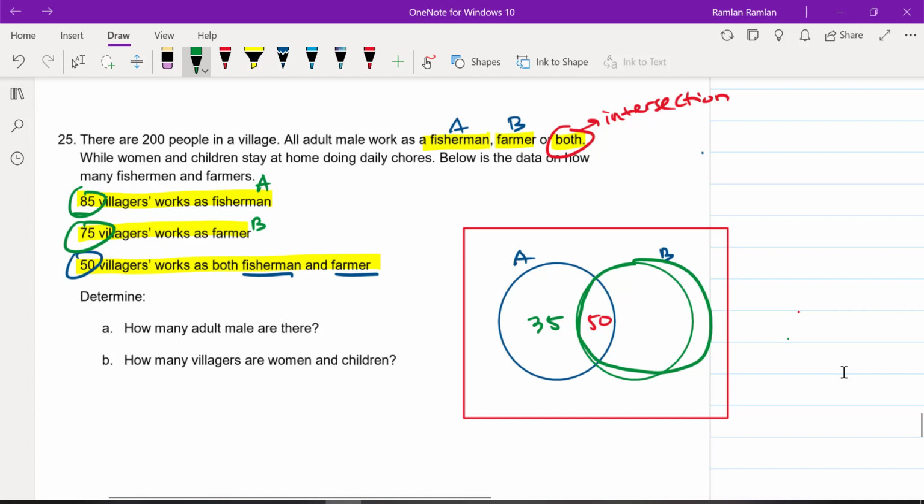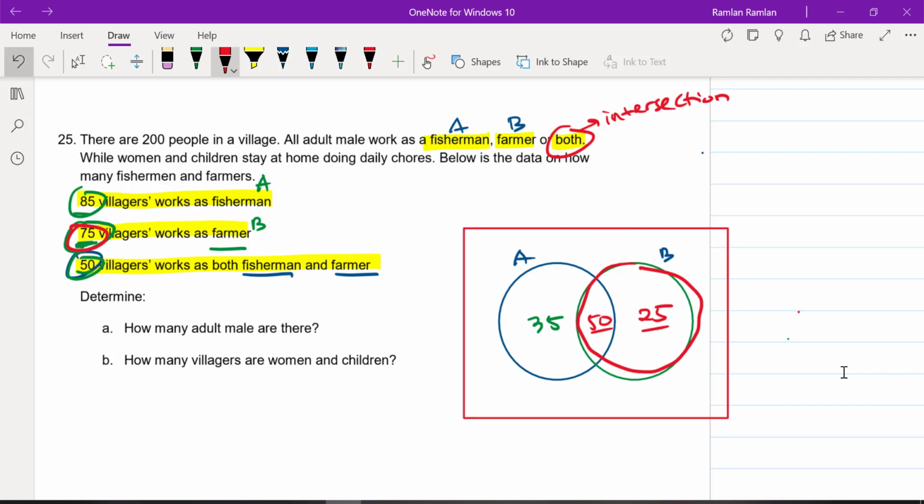But the same case with the fishermen, that from the 75 villagers, 50 of them also work as a fisherman. So this number over here will be 25, because if we see this circle here, that will be the farmer, and the farmer should be 75. So if you add these two numbers, that will be 75.